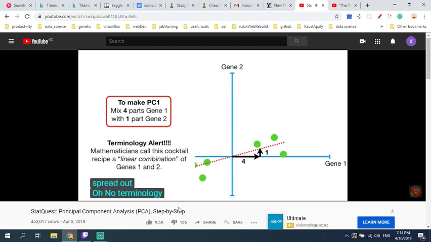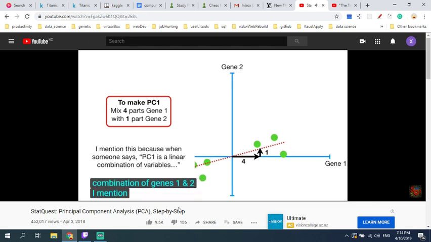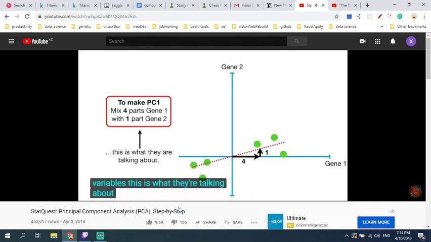Oh no, terminology alert! Mathematicians call this cocktail recipe a linear combination of genes 1 and 2. I mention this because when someone says PC1 is a linear combination of variables, this is what they're talking about.